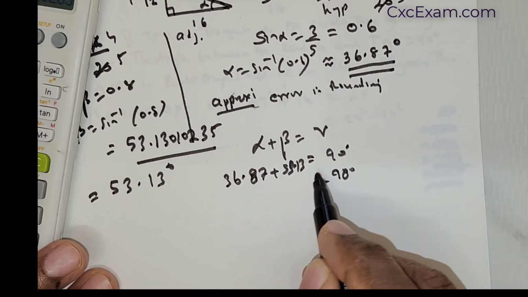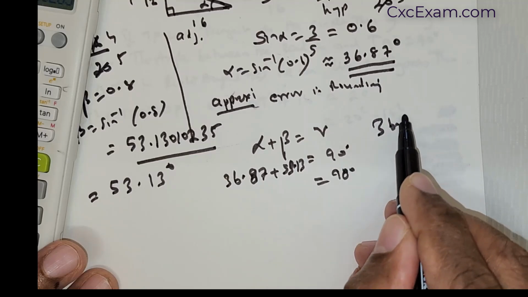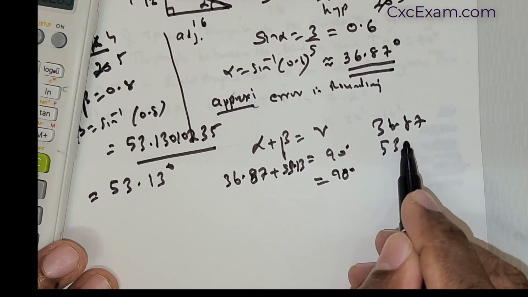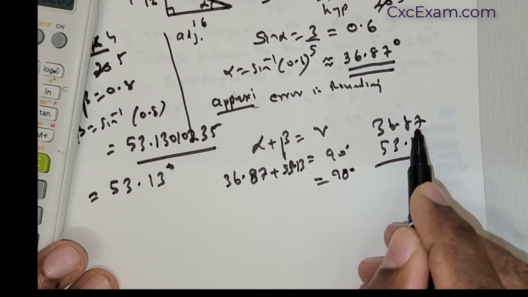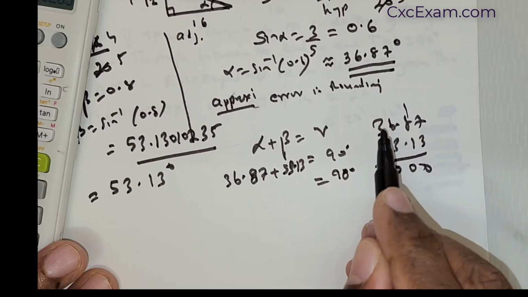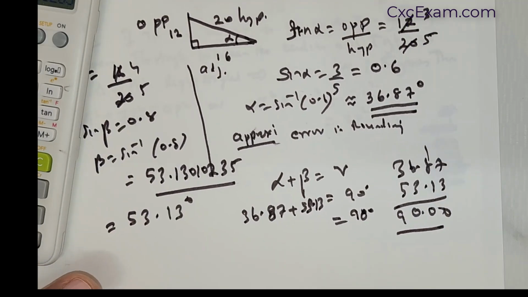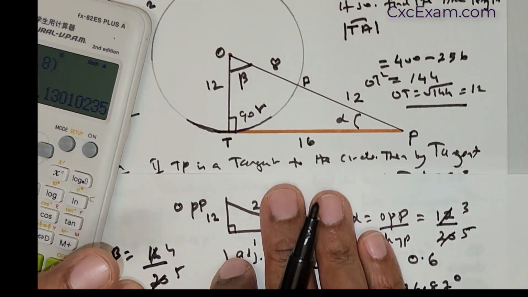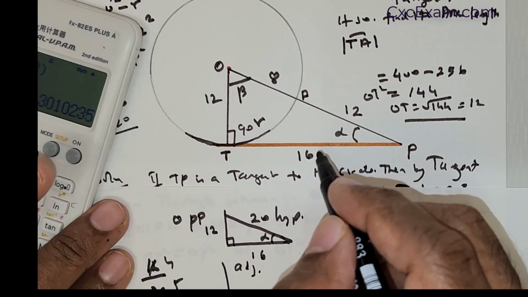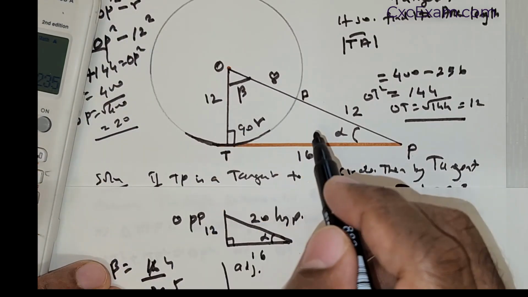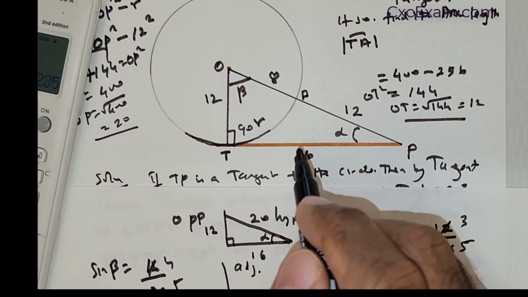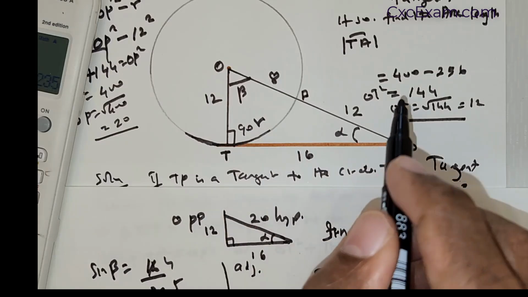Is it not? So you have 36.87, 53.13, 10, 1, 10 and 10 and 9. So that is a valid justification that the sides that we have obtained are actually the sides of a right triangle.